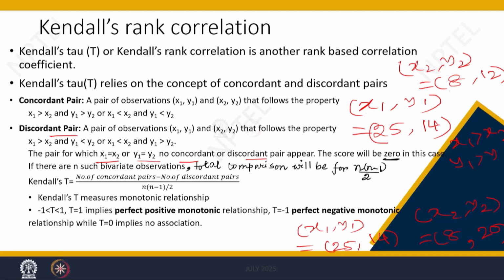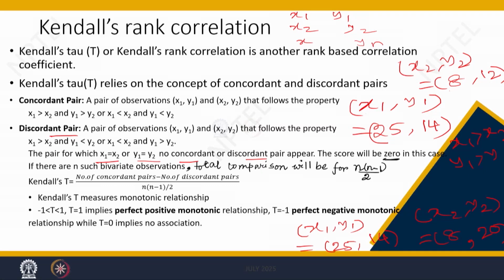If there are n such bivariate observations, the total number of comparisons will be n into n minus 1 by 2. Suppose there are n observations: x1 and y1, x2 and y2, up to xn and yn. How many times do you have to make the comparison?